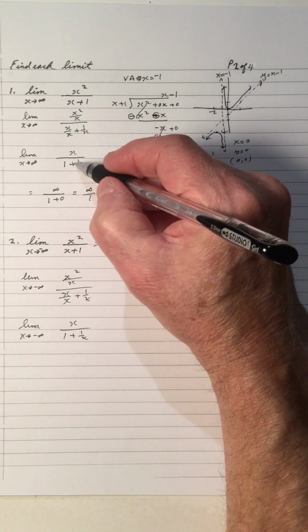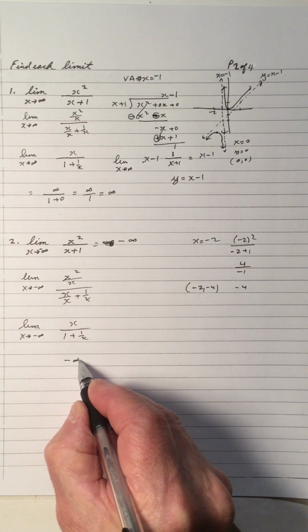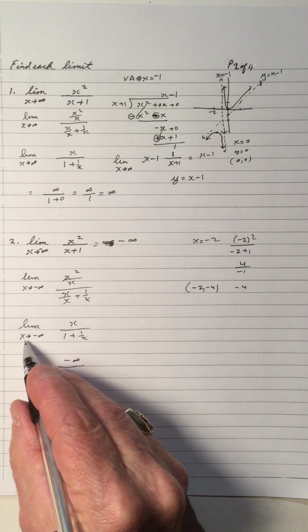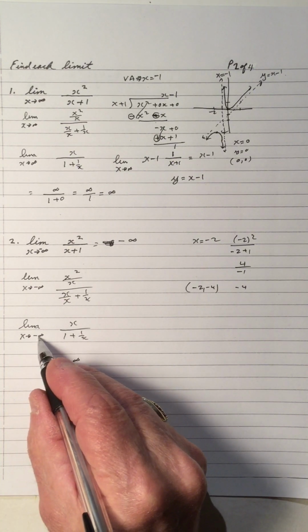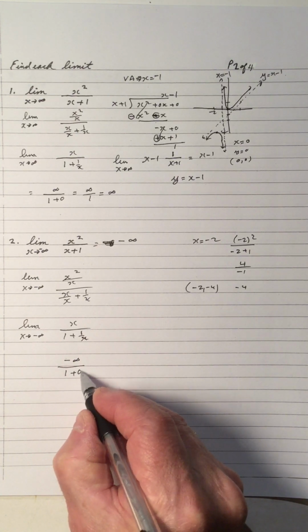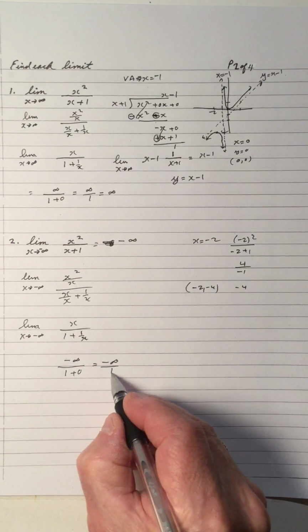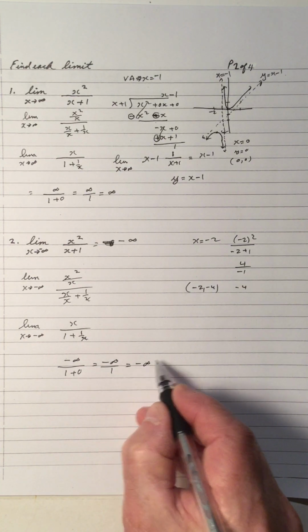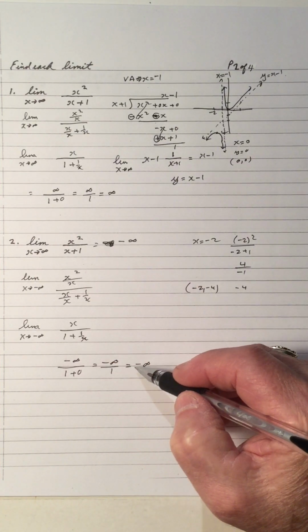It's exactly the same as what we have here, but this time we're going to negative infinity. As x goes to negative infinity, the 1 stays 1. As x goes to negative infinity, 1 over x goes to 0. So that gives us negative infinity over 1, which is negative infinity. So doing it this way, filling it in, we get negative infinity.